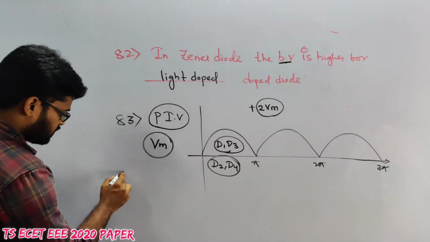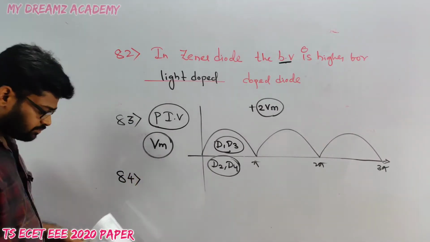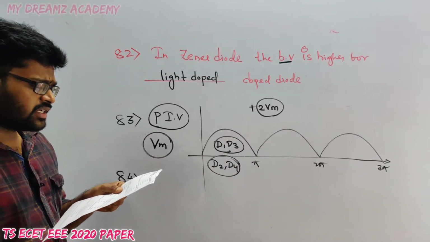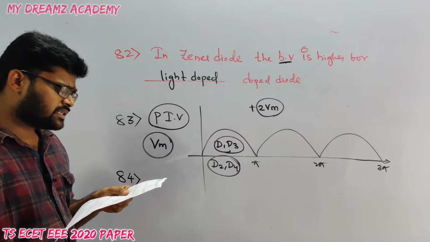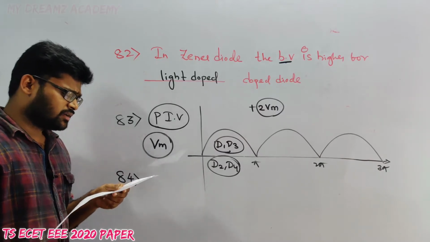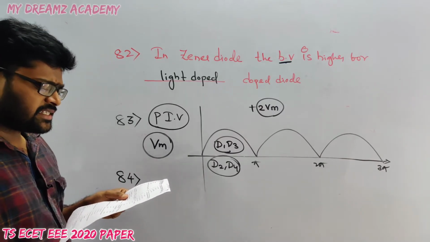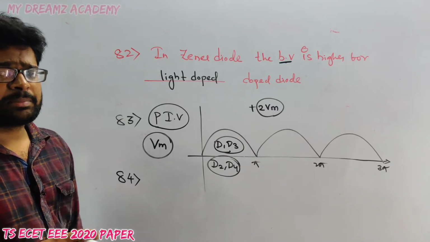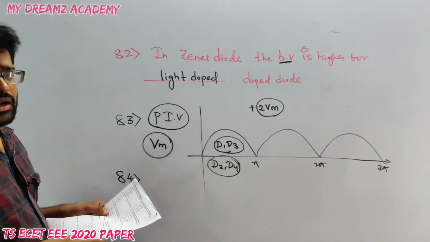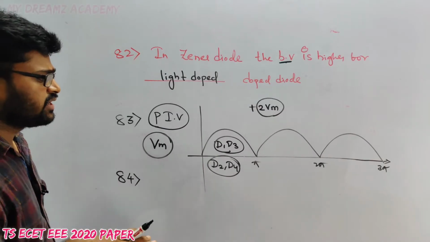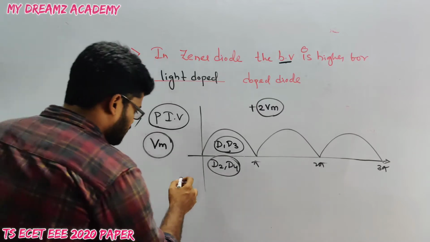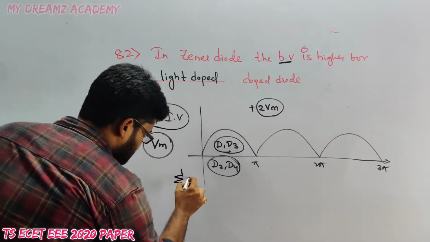Next question, 84th question. In a common emitter configuration, the purpose of bypass capacitor across the bypass resistance. We will have a bypass resistance and bypass capacitor in common emitter configuration. Common emitter configuration is nothing but the emitter is common for input and output, like this.